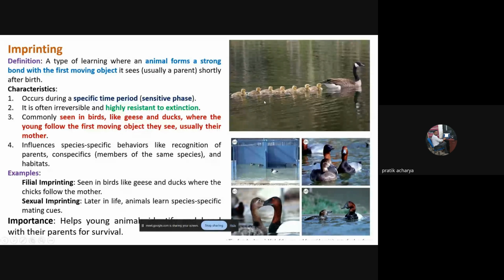So what are the characteristics of imprinting behavior? The first characteristic is a specific time period. That means when newborns, and in the human case also, when new babies are growing, they first follow their mother or father, but first they follow their mother, for a certain period of time, up to certain months or years. So imprinting occurs during a specific time period, which is known as the sensitive phase.